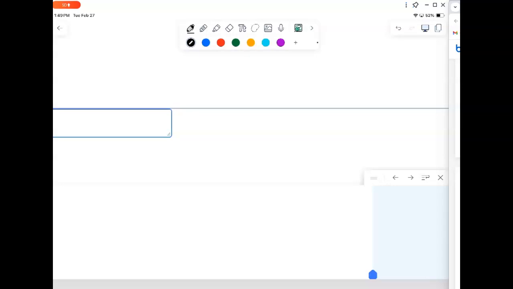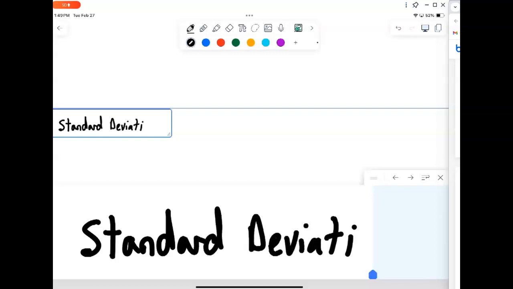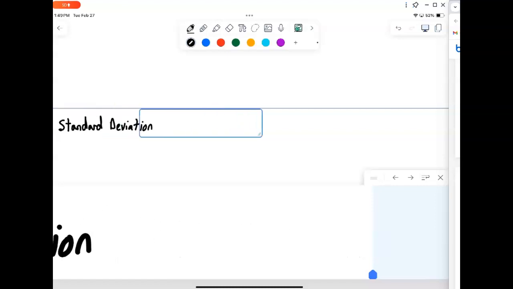So we turn from the range to a much more complicated measure of how spread out the data is, known as the standard deviation. Standard deviation.